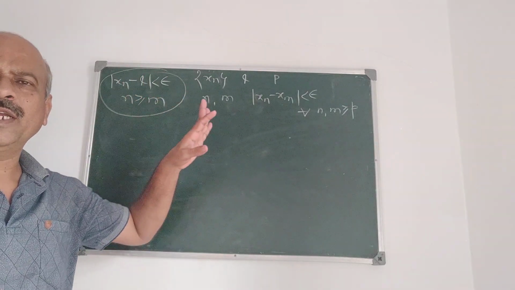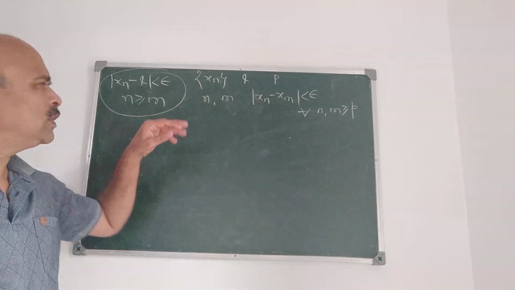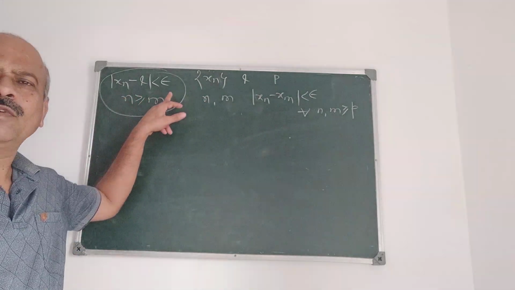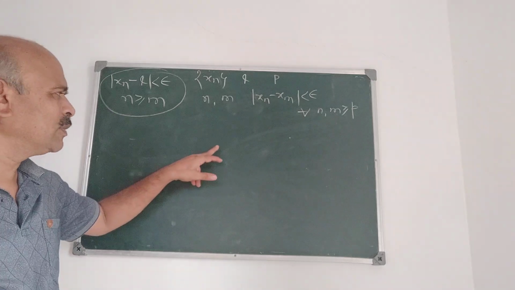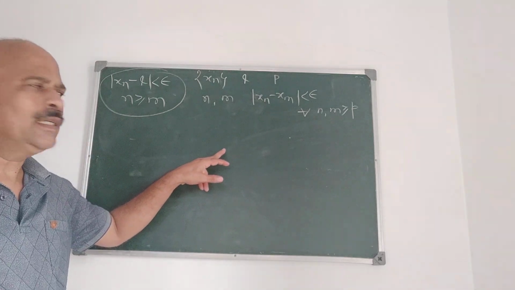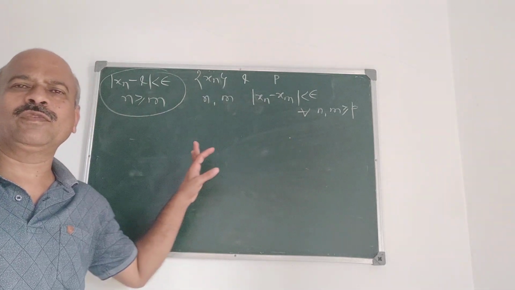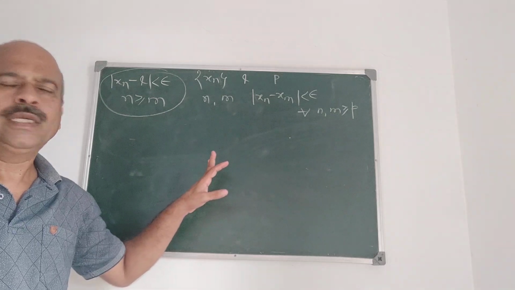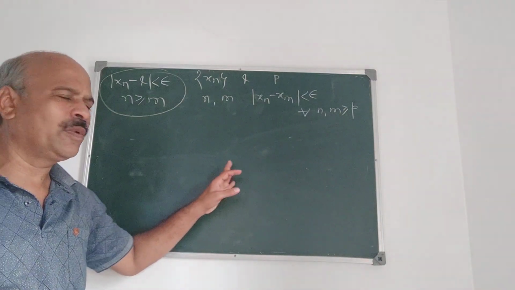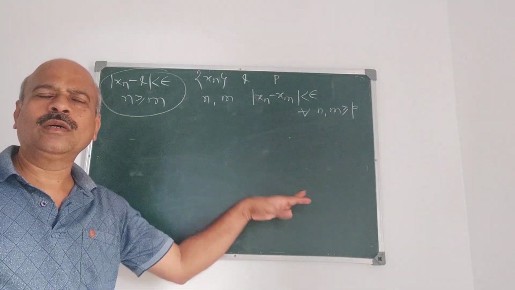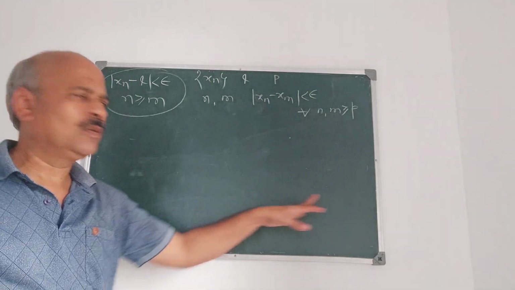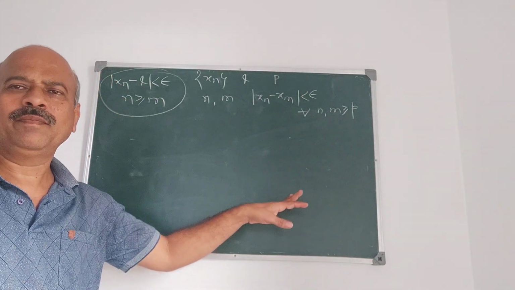And what is the meaning of that? When do we say that xn converges? Sequence means infinite sequence. We consider only infinite sequences. If we consider the terms of the sequence, or the range of the sequence, it is infinite.